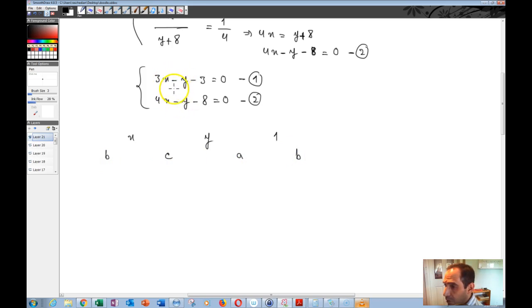My b's are negative 1 and negative 1, again negative 1 and negative 1. My c's are negative 3, negative 8, negative 3, negative 8, and my a's are 3 and 4.